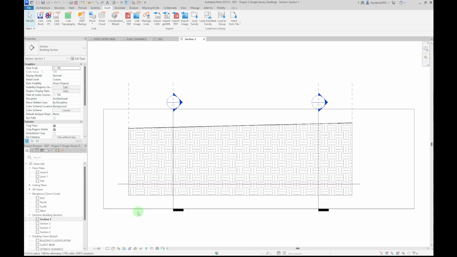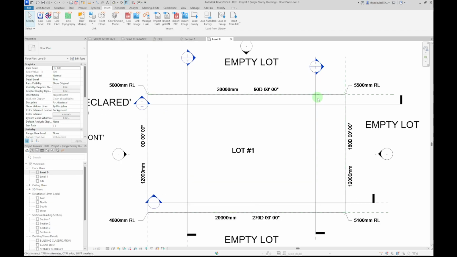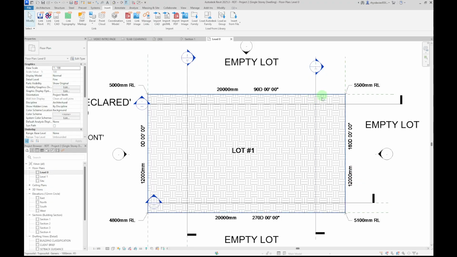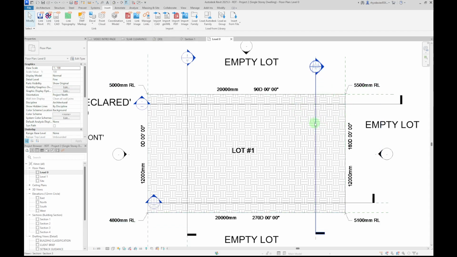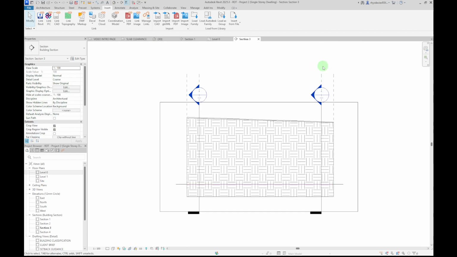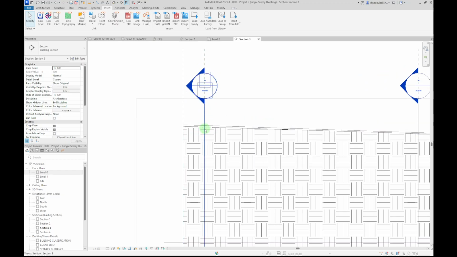I'm going to go to level 0, and pretty sure that this area here, yes, 5500, is our high point, this corner here. If I have a look at this section here, this is the high point. We're not going to be cutting, we're just going to build our house on top of the land.